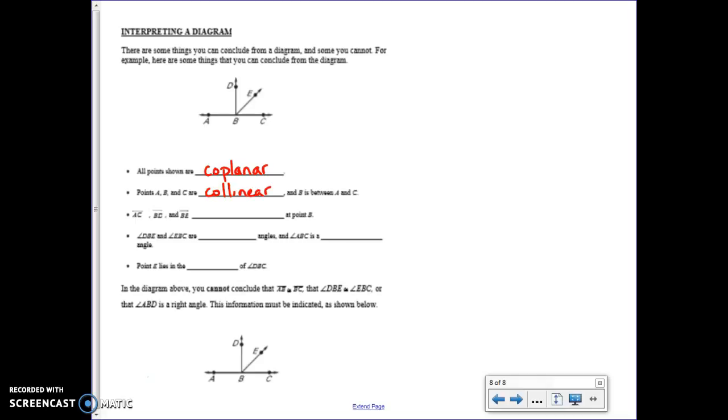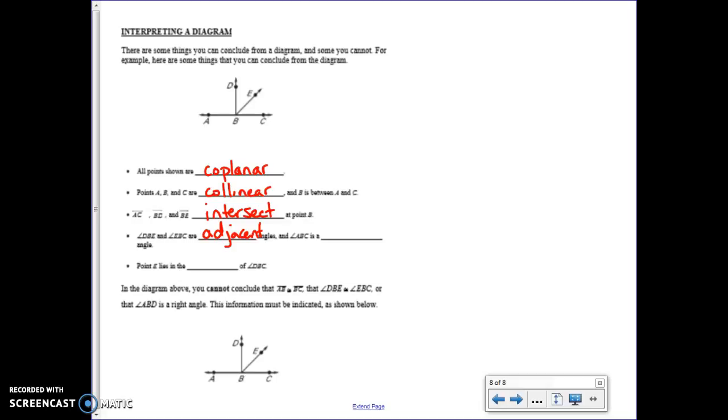We see that AC, ray BD, and ray BE all intersect at point B. Then we see that angle DBE and angle EBC are adjacent angles.